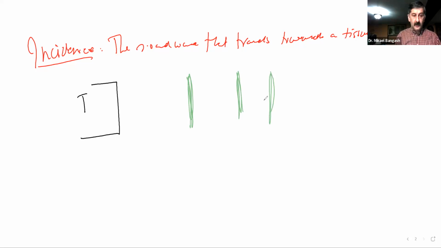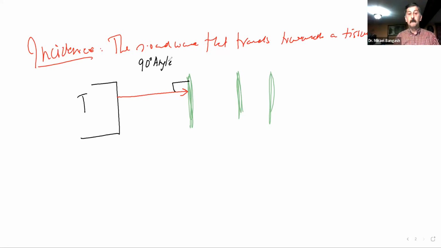This transducer produced an incident sound wave that hits the tissue boundary at an angle. Now this angle, in terms of geometry, we call a 90-degree angle.